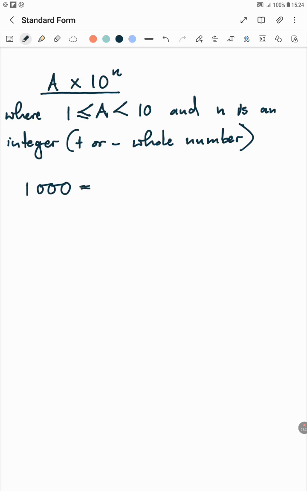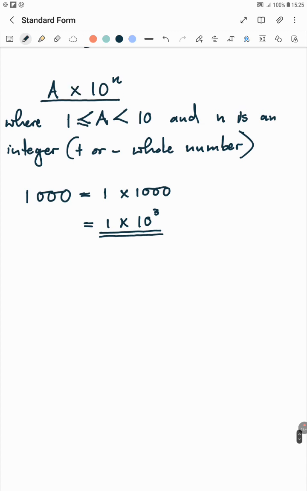So 1000 is equal to 1 times 1000, right? And 1000 is equal to 10 to the power 3. So this is how you express 1000 in standard form.